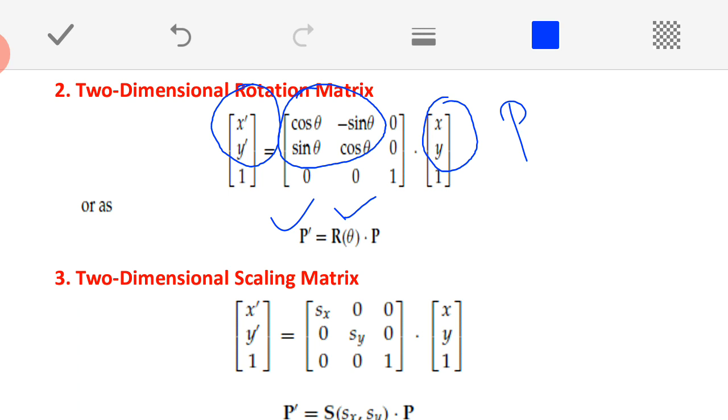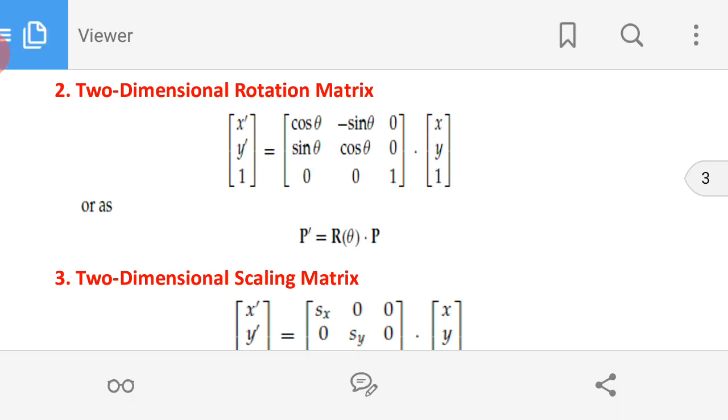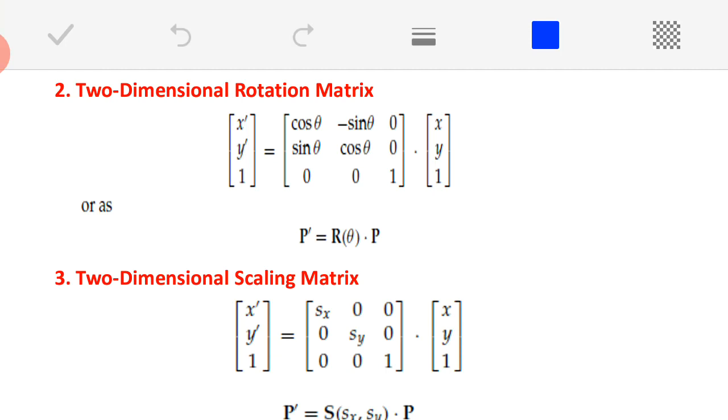But after converting the normal 2D into the homogeneous coordinate system, I have to write a 3 cross 3 matrix. That is why I have added the homogeneous value 1 here, and this 2 cross 2 matrix has been converted to 3 cross 3 by adding one extra column and one extra row. Is it clear? Now this is the 2-dimensional rotation matrix, which rotates with respect to which axis? As we have told, the default rotation is always about the z axis.